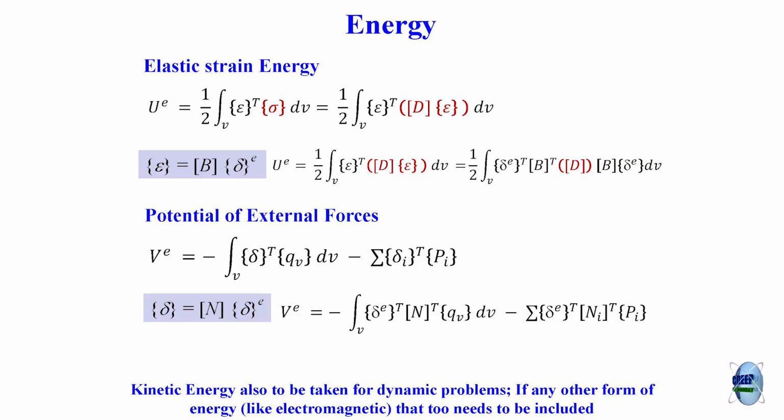The concept is that the potential of external force is the force times the deformation at the point of application of the force. That is what we did in the previous class. So delta at any point i is multiplied by the force Pi applied at that point.